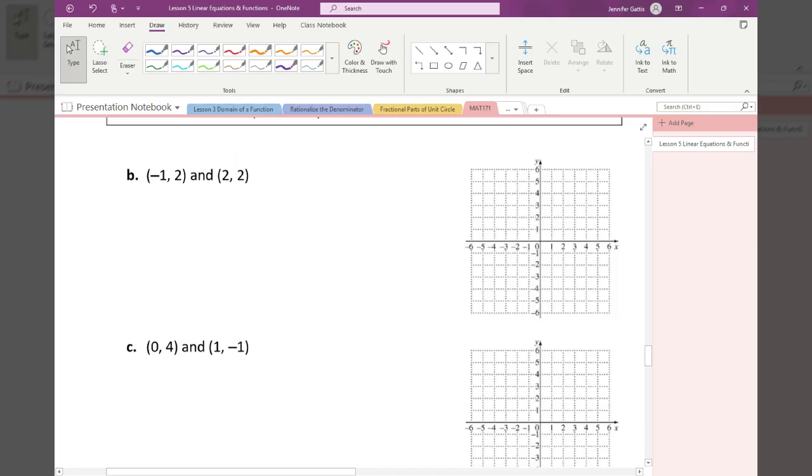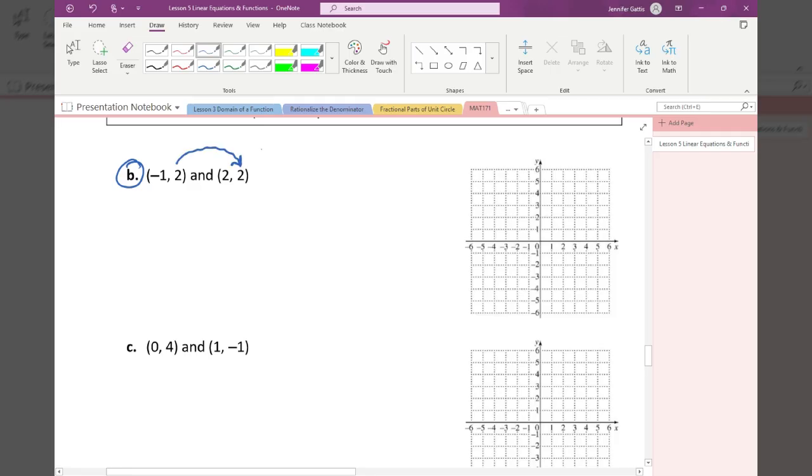Now let's take a look at this one. So take a moment and consider, if we do letter B, what is the slope of this going to be? Well, you can do this one of two ways.